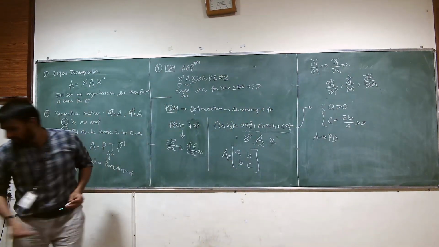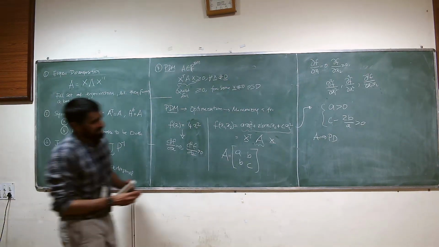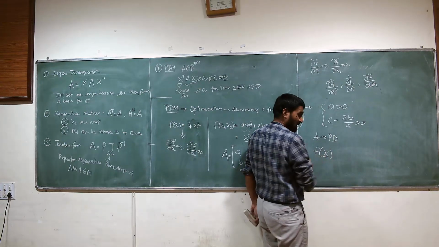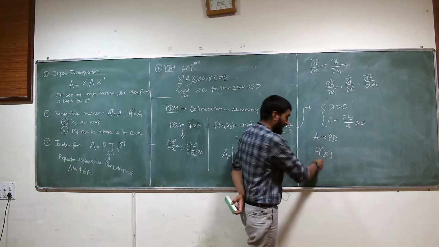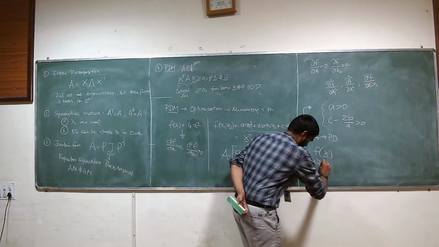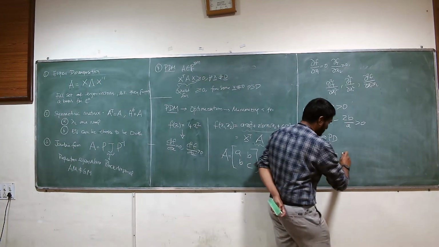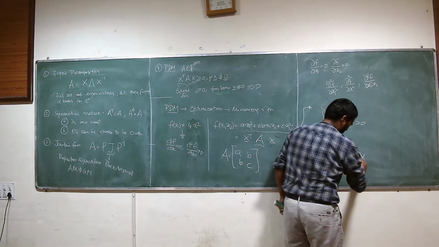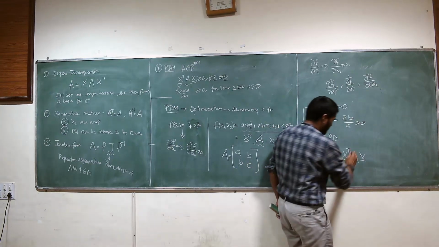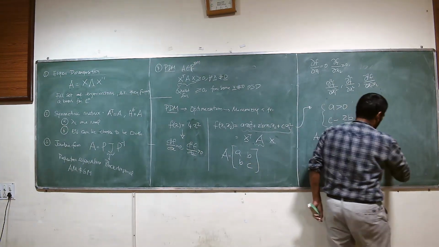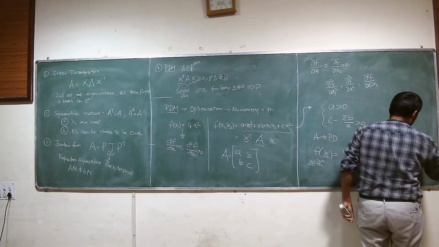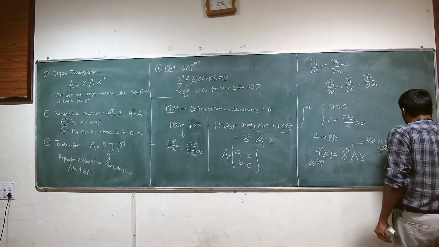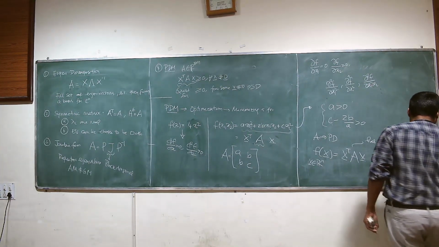But it turns out that in the general case, if you have a quadratic function of some vector x from Rn, this function can be written in this form, and this function has a minimum when A is positive definite.